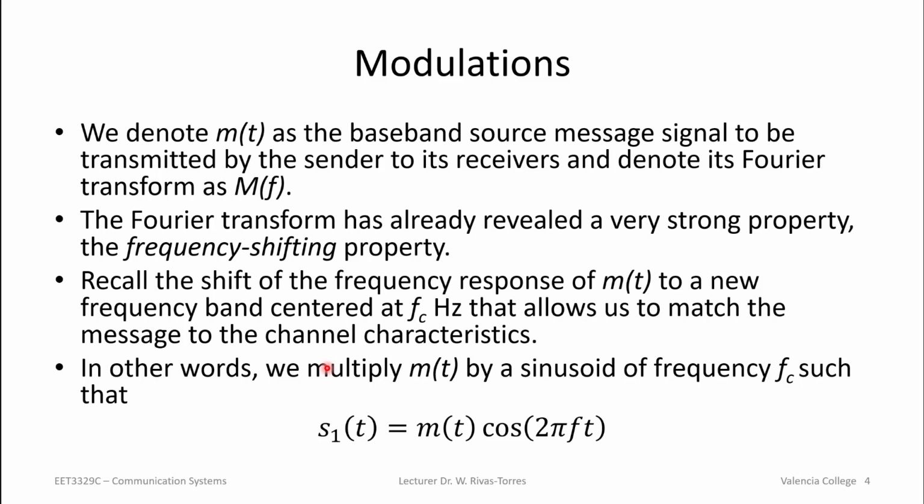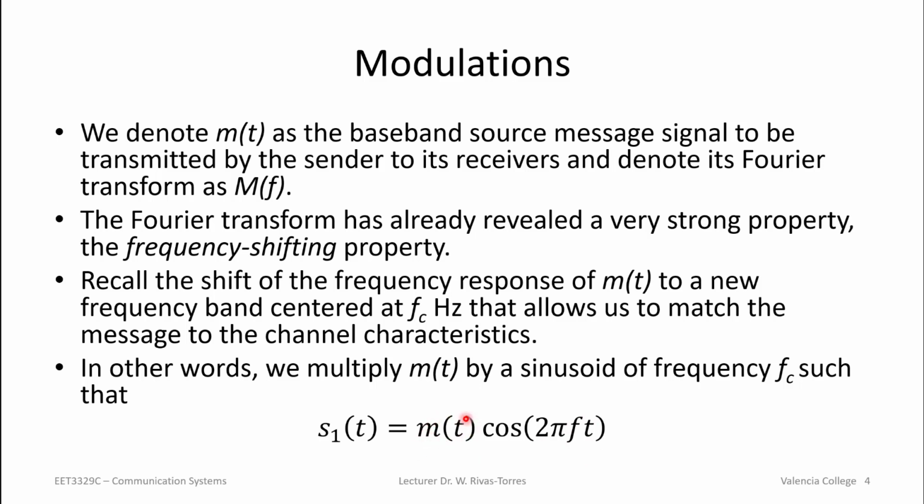So in other words, what we will do is multiply m(t) by a sinusoid at the frequency f_c, and it takes on this form: the message signal times cosine of 2 pi f_c t.